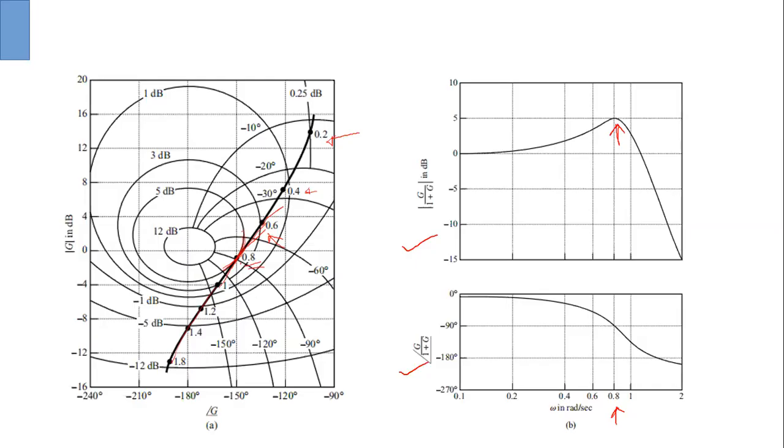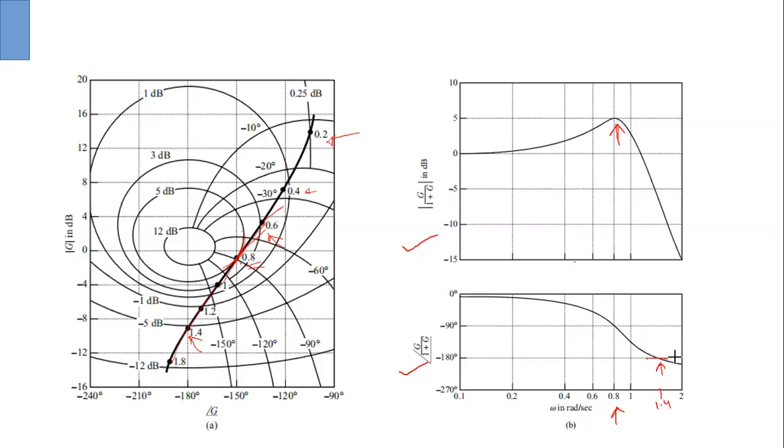So we know that for the gain margin, you have to figure out the minus 180 degree crossing. You can say it is happening at approximately 1.5, here 1.5. At 1.4, you are having the 0 dB crossing.